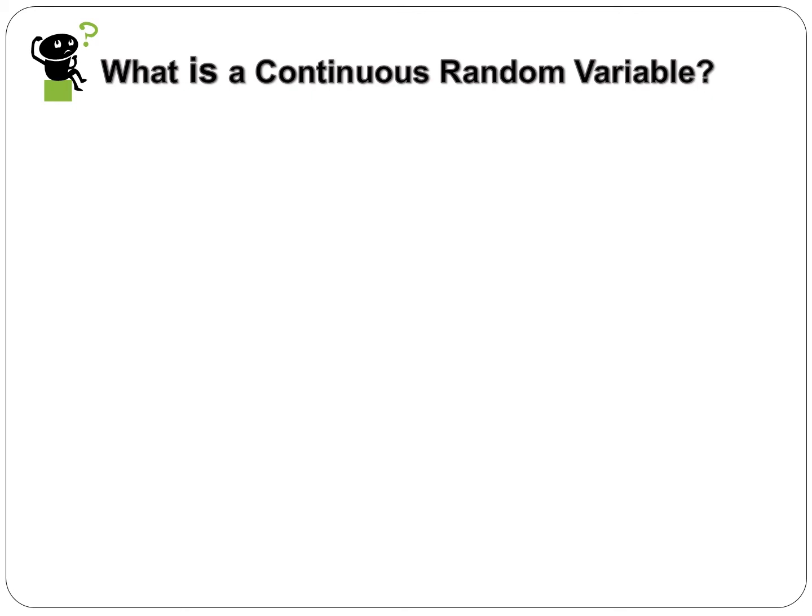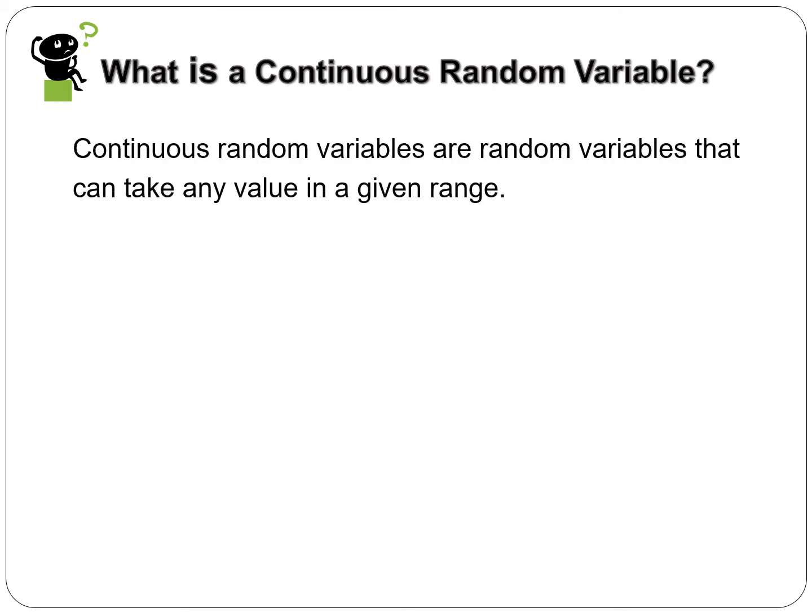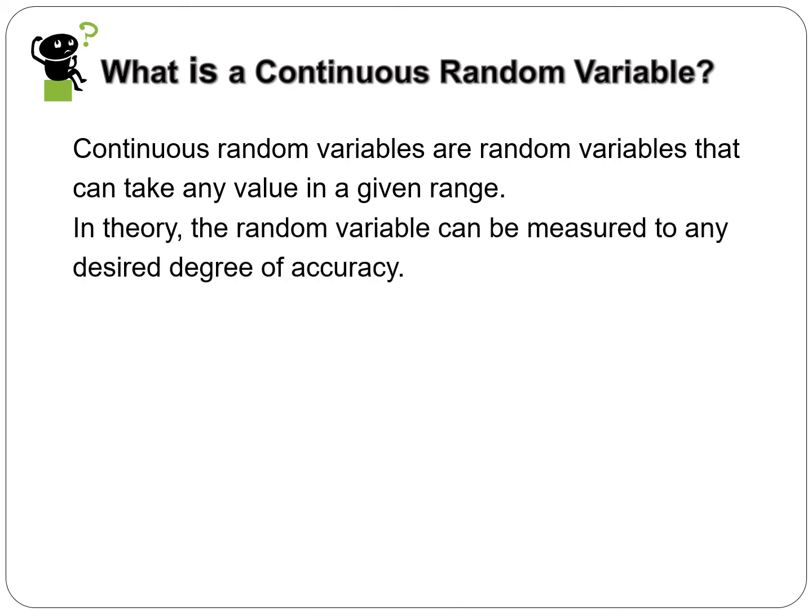In other words, discrete random variables are variables which are countable. But for a continuous random variable, the variables take any value in a given range. So see the difference? And in theory, the random variable can be measured to any desired degree of accuracy.